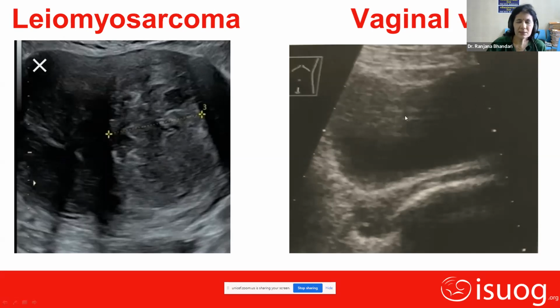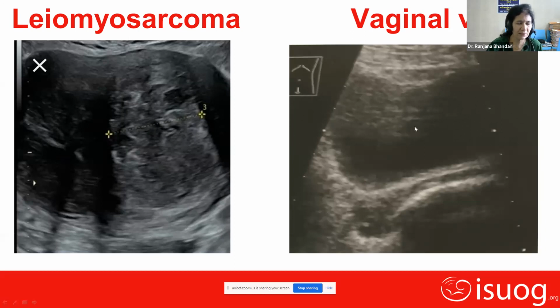Now, in these cases, RI will be lower than 0.5, 0.3, 0.4, just like in ovarian. So it is very, very low and the velocity is very high. That figure I am not able to show, but in these days, we are having lot many cases of hysterectomy, maybe abdominal or vaginal. Hysterectomy, we get lot many cases.